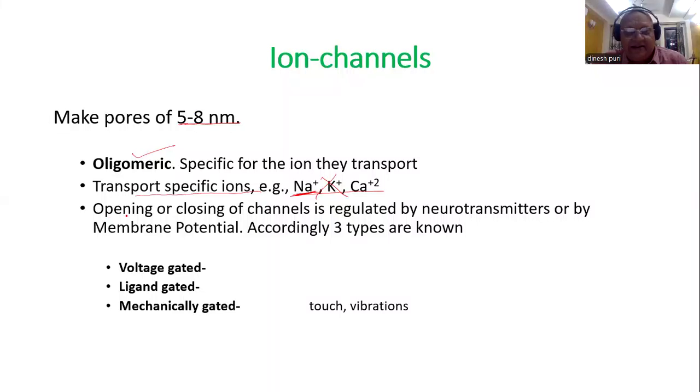And these channels are regulated. Opening and closing of these channels are regulated by neurotransmitters or by membrane potential. Accordingly, there are three types, I will very quickly go through them: voltage gated, ligand gated, and mechanically gated channels.